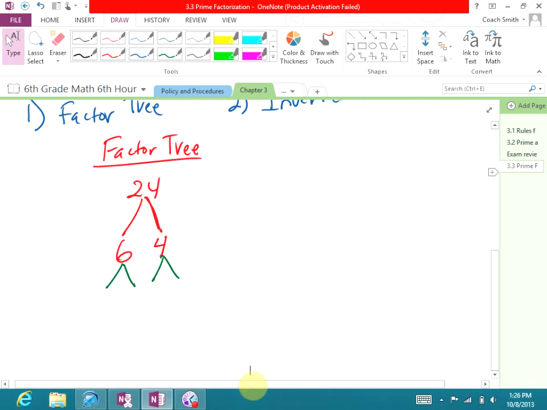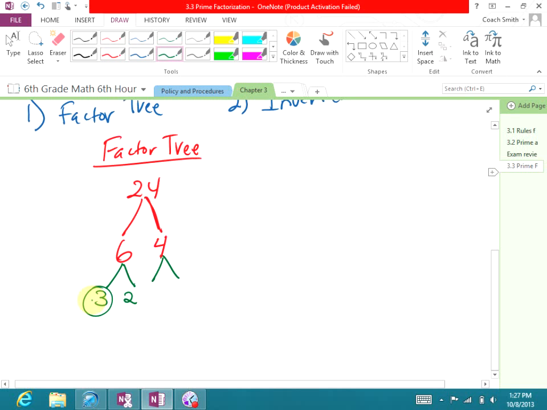Give me two factors that when multiplied together gives me 6. Other than 1 times 6, 3 times 2. Is 3 prime? Then I'm going to circle it.